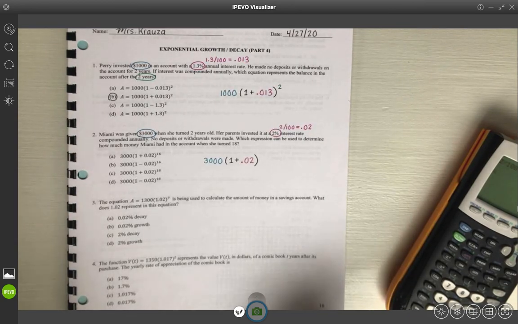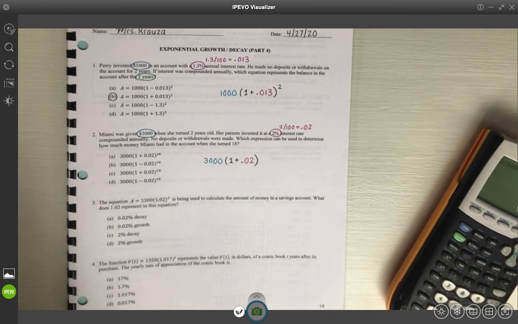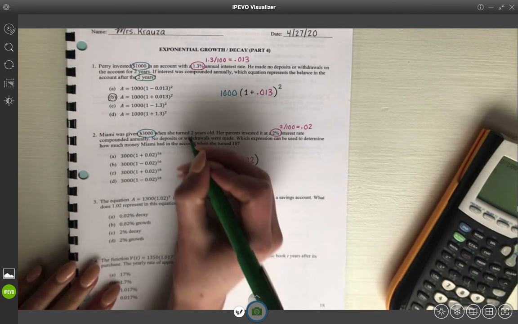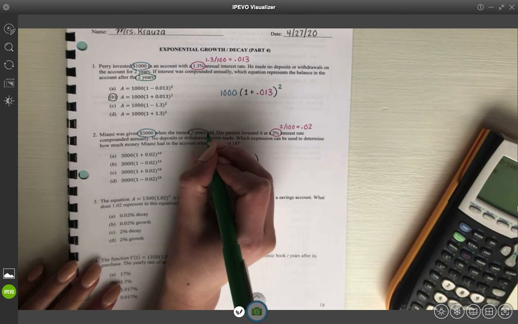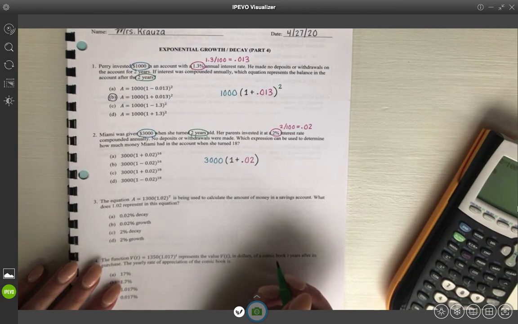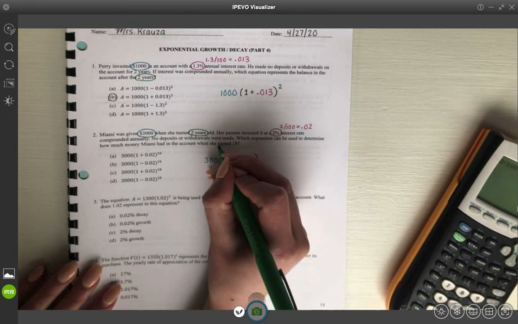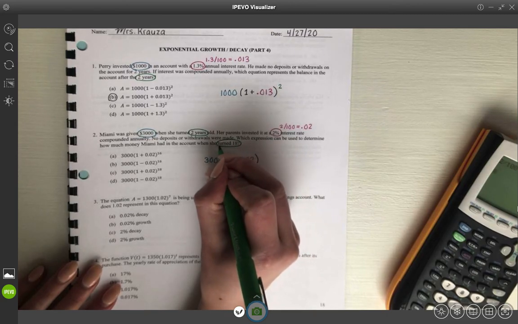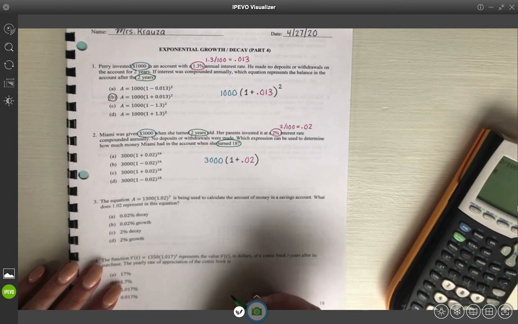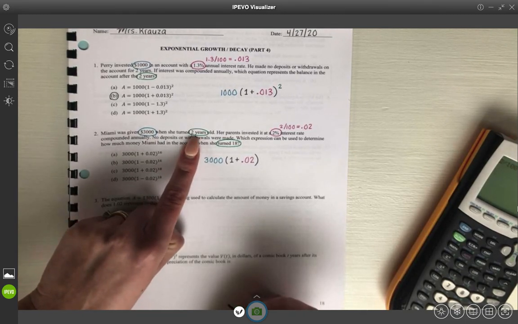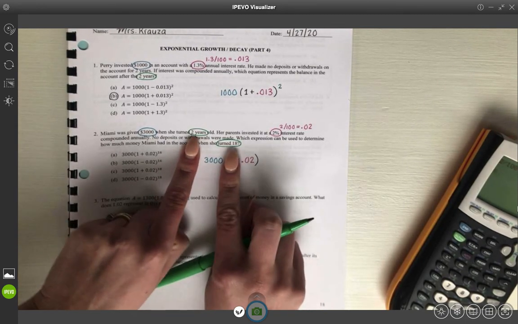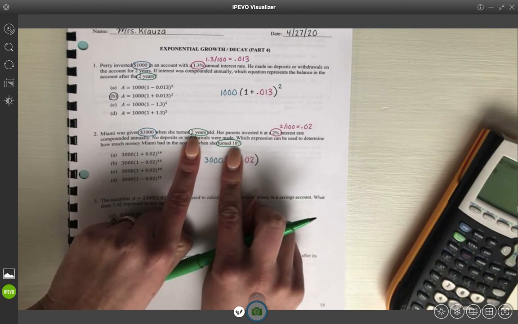The amount of time for this problem is a little confusing. It told us that she was given the account when she turned 2 years old. And they want to know how much money would be in the account when she turns 18 years old. So how much time is that? If she got it when she was 2, and they want to know how much is in there when she turns 18, how many years is that?